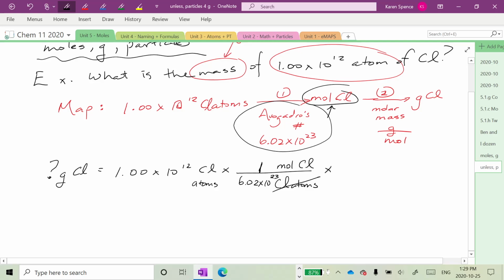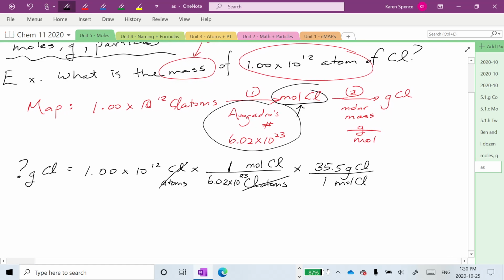Okay, so chlorine atoms have now canceled. We have our second step. Now we want to cancel moles of chlorine, and we want to find the mass of chlorine. The relationship between grams and moles, the grams per mole, is the molar mass, which for chlorine is 35.5. Just go to your periodic table, you can look that up. 35.5 grams is the mass of 1 mole of chlorine.